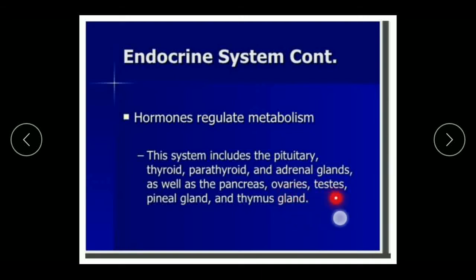The ovaries and the testes are gonadal glands. They secrete gonadal hormones, or sex hormones, or reproductive hormones. Ovaries are found in the female, testes are found in the male. The female ovaries secrete the hormones estrogen and progesterone, which regulate ovulation, the maintenance of pregnancy and the menstrual cycle.